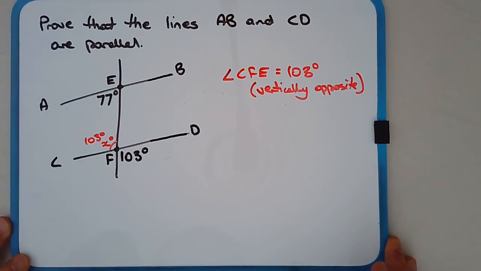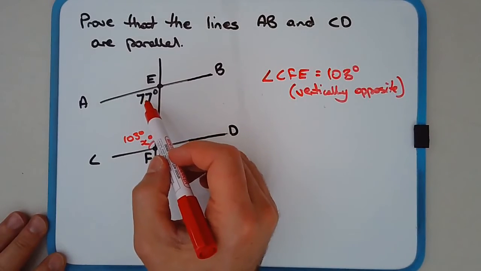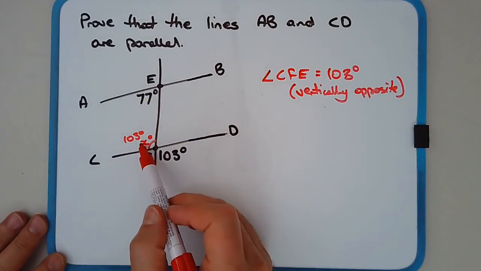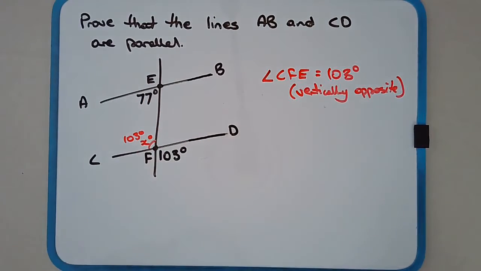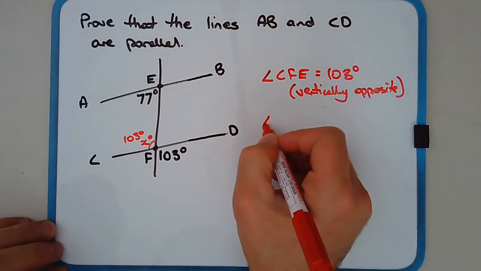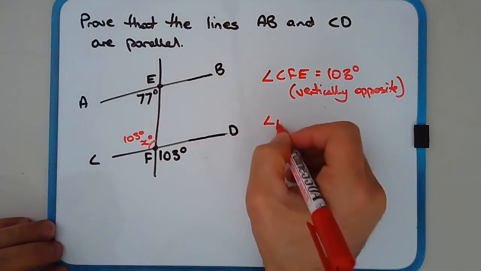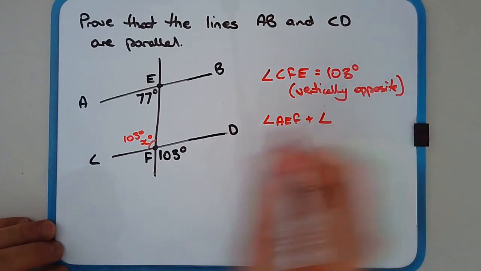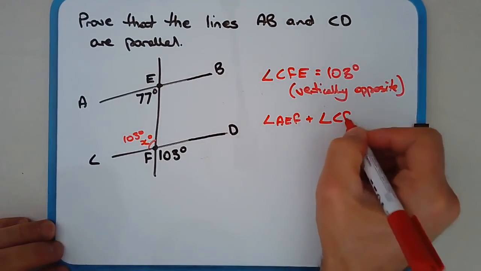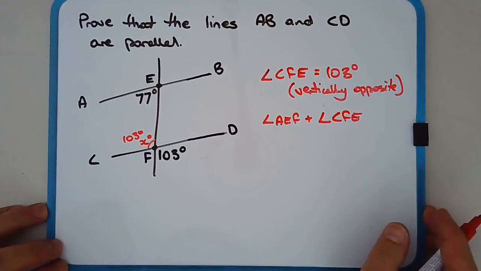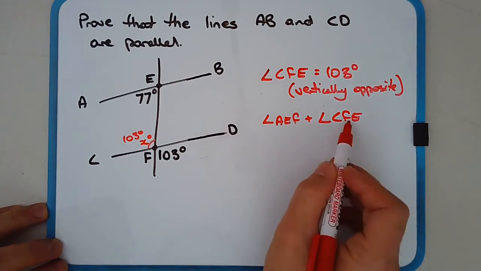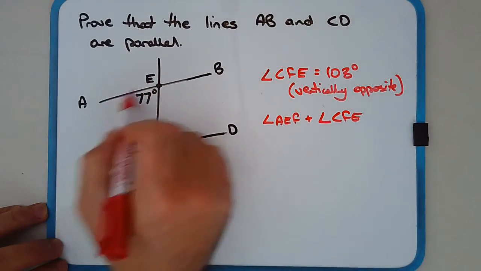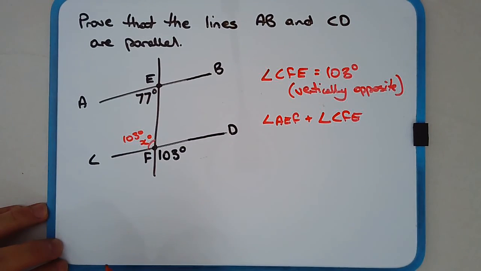All right. Now what do you notice? We've got 77 degrees and 103 degrees there. They look like they're co-interior. So angle AEF plus angle CFE. Notice that the middle letter corresponds to the vertex of whichever angle I'm looking at.